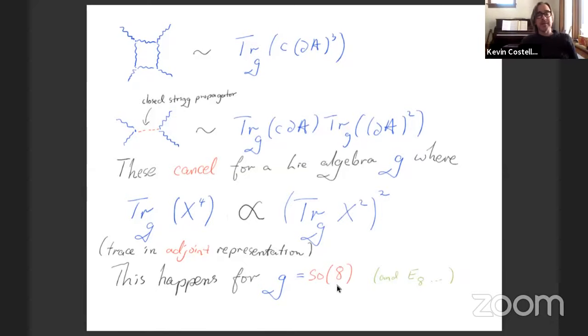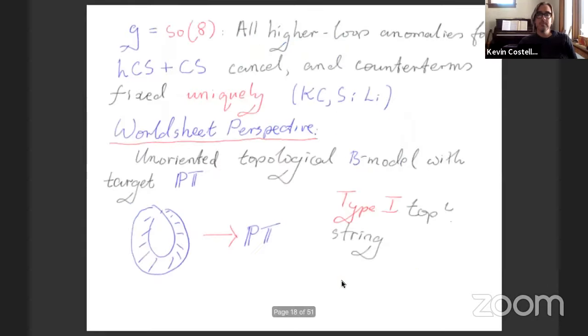It happens for SO(8). It also happens for SL2 and E8 and a couple of other things. But for SO(8), we can show that all anomalies at all orders in perturbation theory cancel, and that the quantum theory is uniquely fixed.